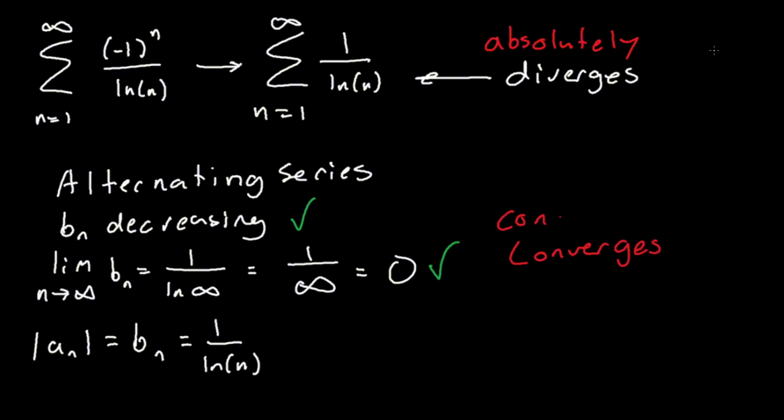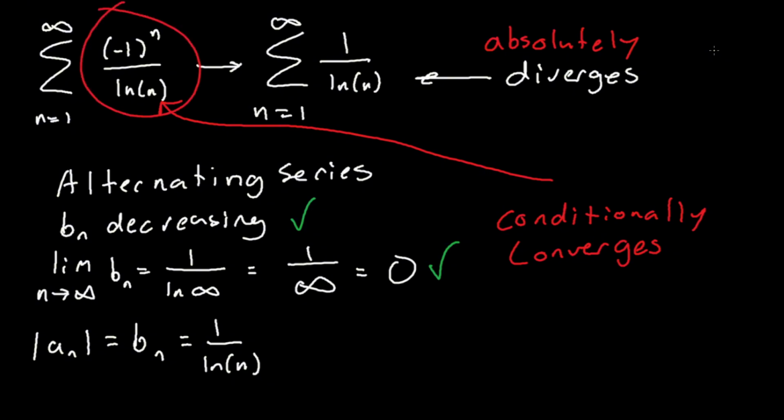Therefore, you conditionally converge because the alternating series test says that you do converge. But you don't absolutely converge because we took the absolute value of your series and determined that it diverged. Okay, so this series right here only conditionally converges. It does not absolutely converge at all.